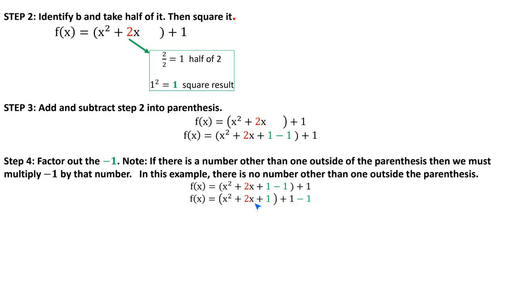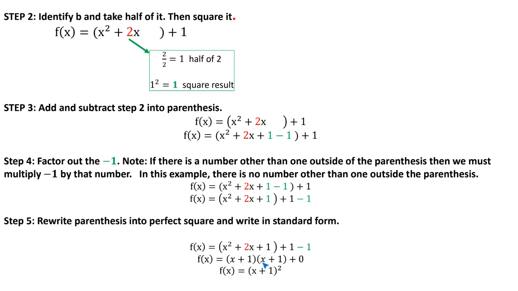And now I have this parentheses, which is going to be a perfect square. So my goal is to factor it into two parentheses, and I'm going to get x plus 1 times x plus 1. Now there is a shortcut for this, so let me tell you what that shortcut is.